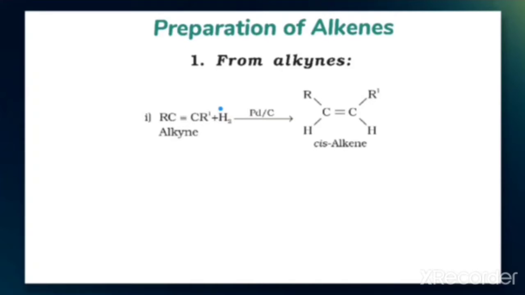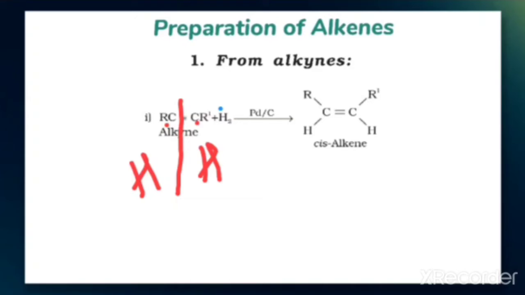Now look at the method we need to follow in order to make the product very easily. From the triple bond, break one of the pi bonds, add one hydrogen here, add one hydrogen here. That is, one hydrogen should be added on each triply bonded carbon.